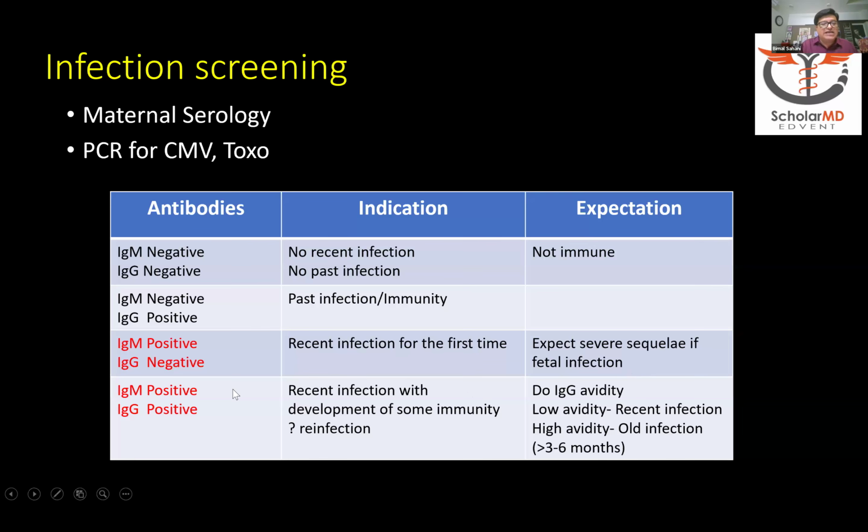If you find that the IgM is positive and the IgG is also positive, this could be a recent infection with development of some immunity, or could be a reinfection. That is the time you also need to do the avidity, and hence always do TORCH with avidity. If the IgG avidity is low, that means it is a recent infection. If it is high avidity, it is an old infection, greater than 3 to 6 months.